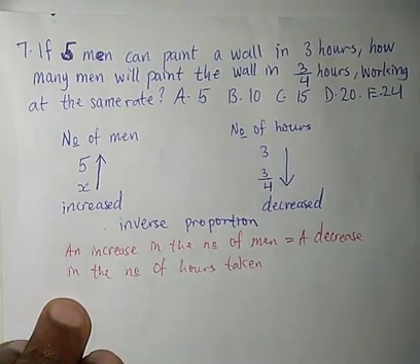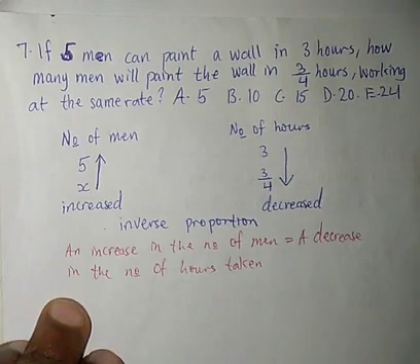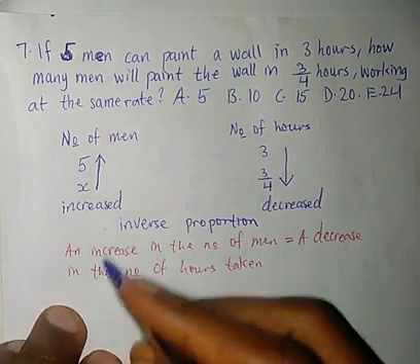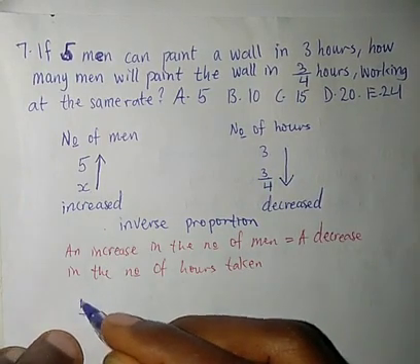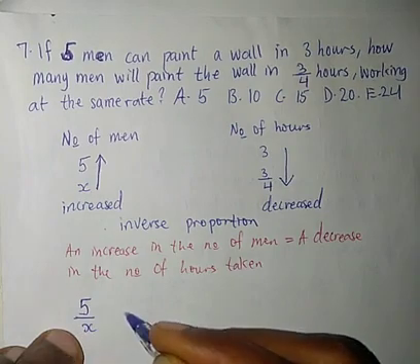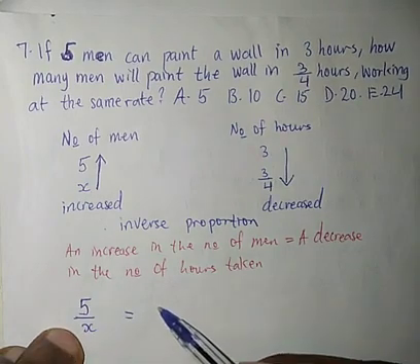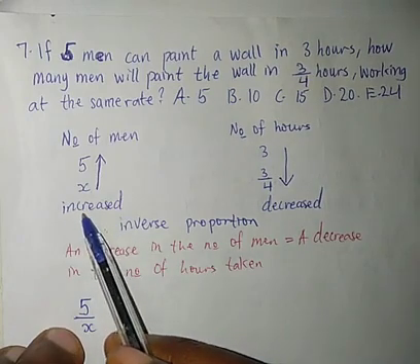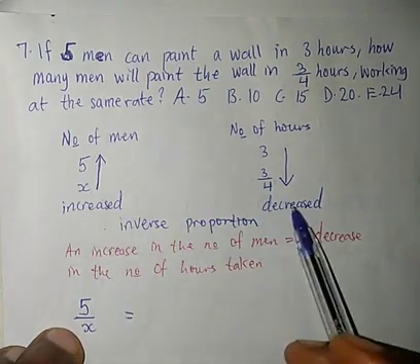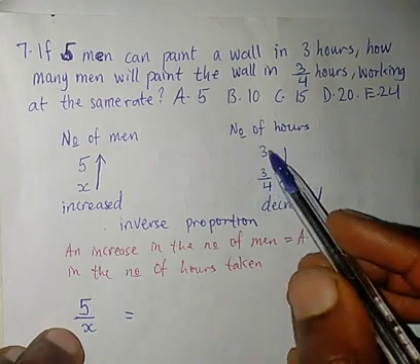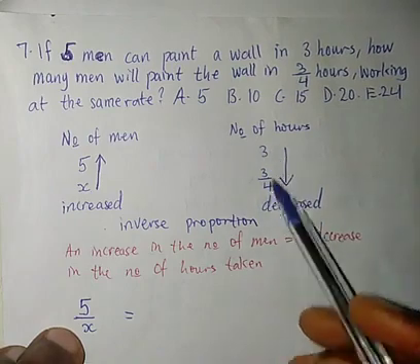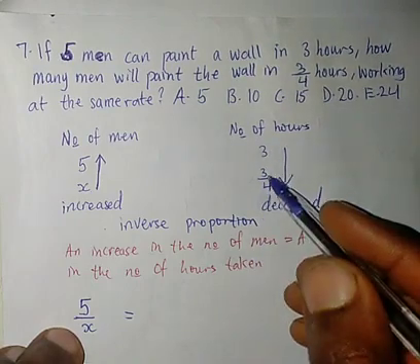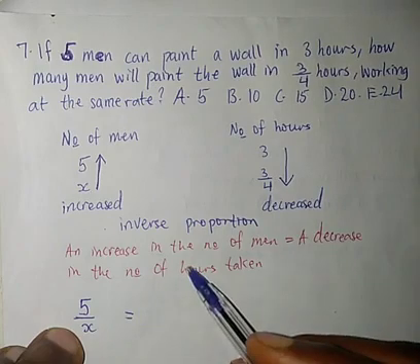Now, so we can solve this problem in this way. So let's see, 5/x is equal to, now since one is increasing and the other one is decreasing, we have to interchange the order. So we are not going to write 3 over 3/4, since this is an inverse proportion.